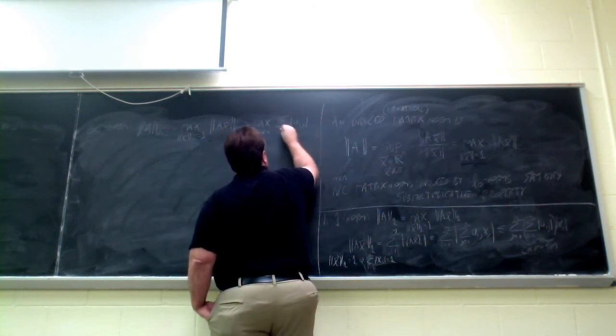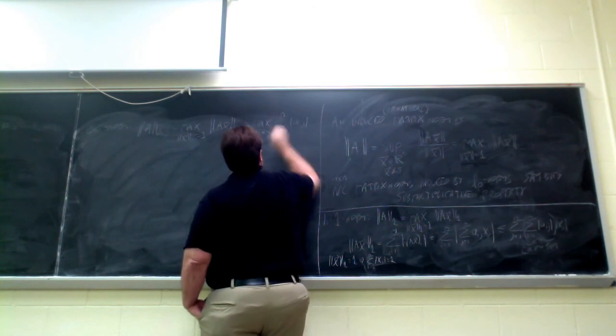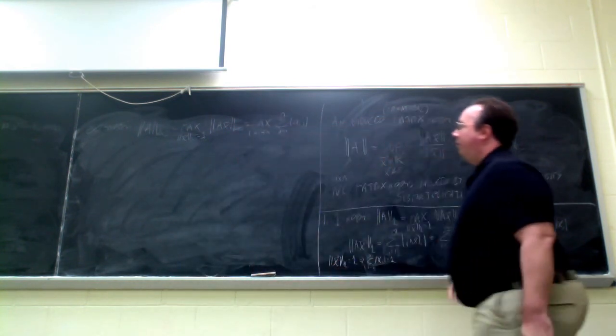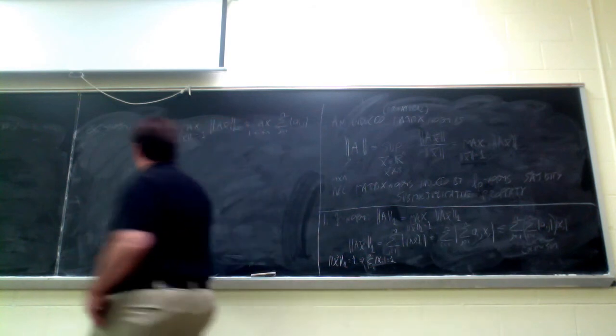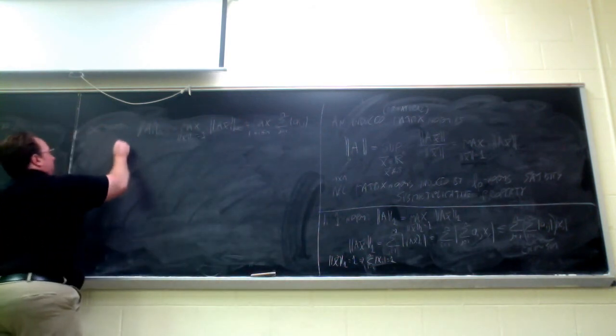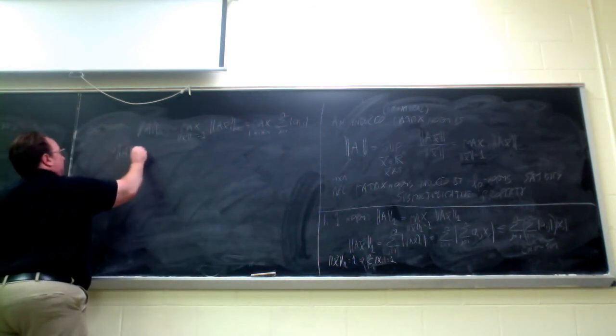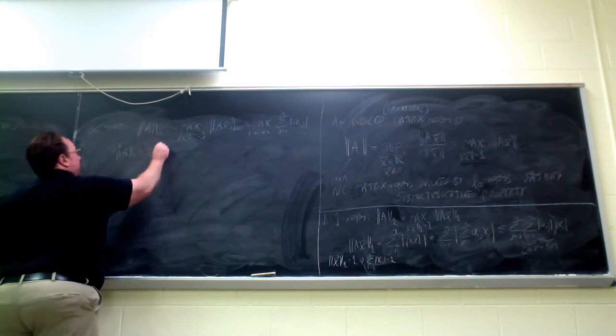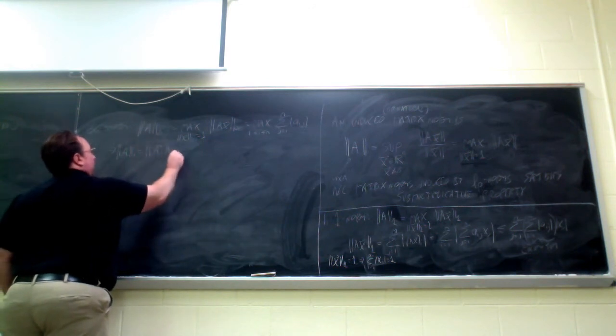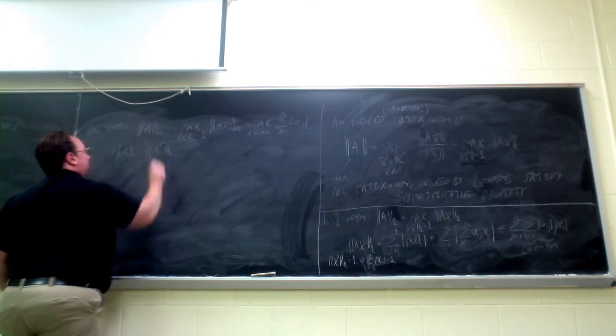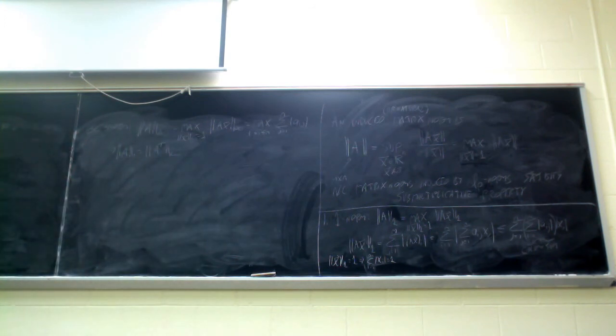As a result, what you can say is the 1 norm of A is equal to the infinity norm of the transpose. Alright, so at least those norms are easy to compute.